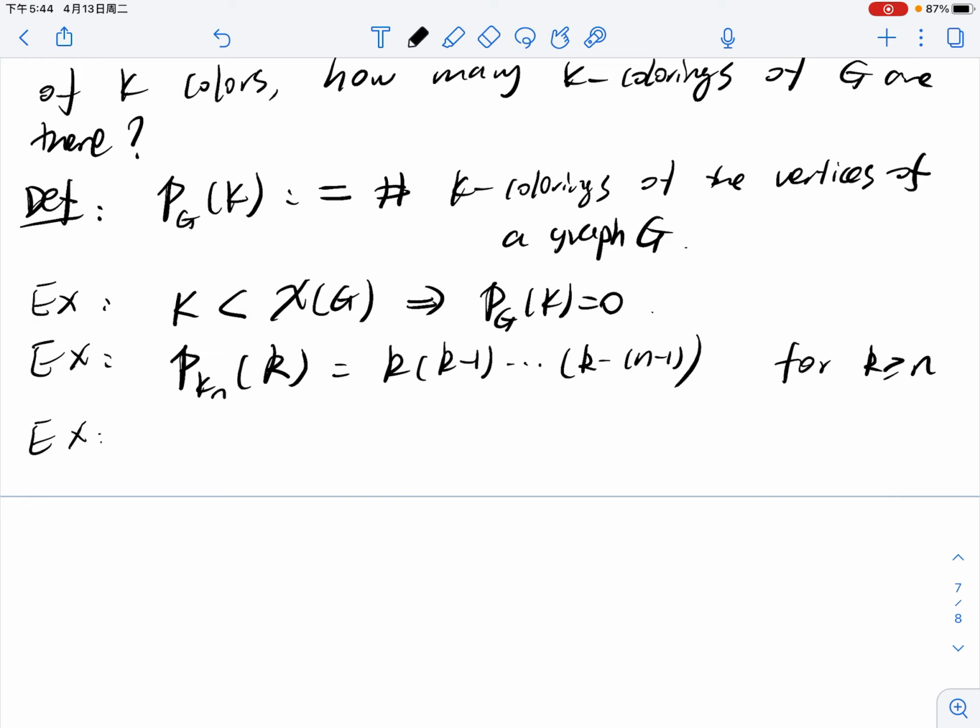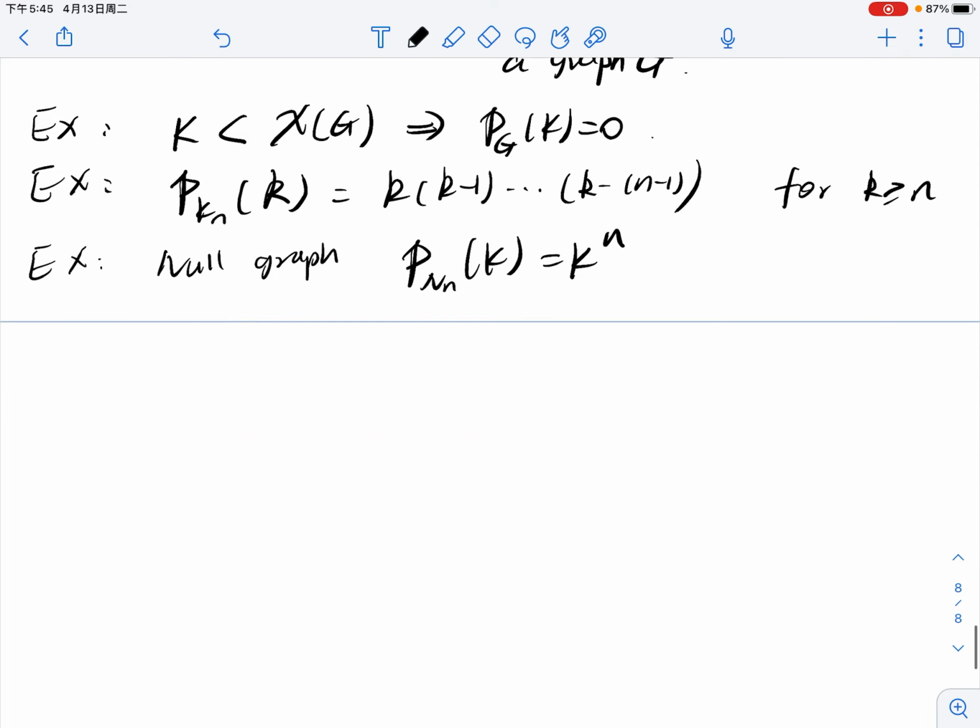And also for the null graph, P(G,k) is k to the n's power, because each vertex is independent, we have k choices.